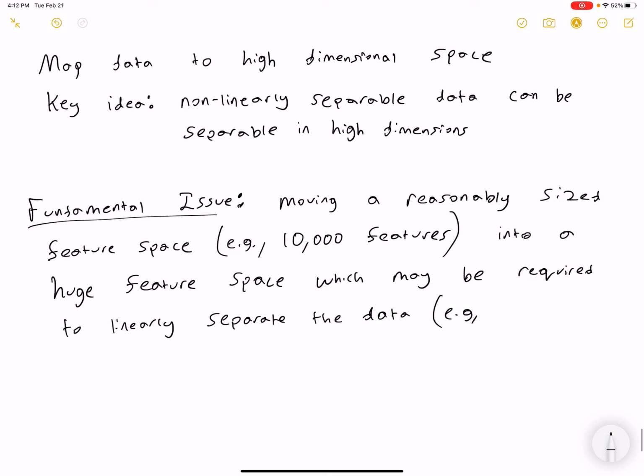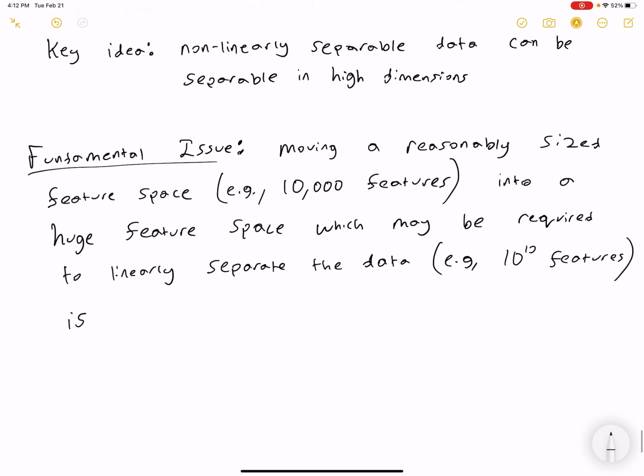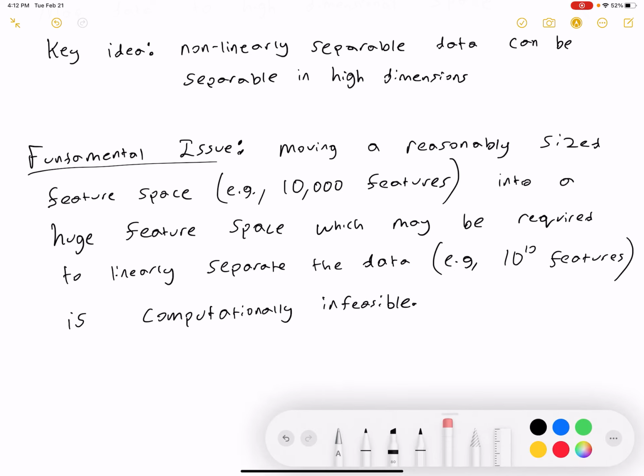e.g. 10 to the 10 features, just kind of chose that arbitrarily, is computationally infeasible. Computers don't have enough memory or processing power to deal with that.